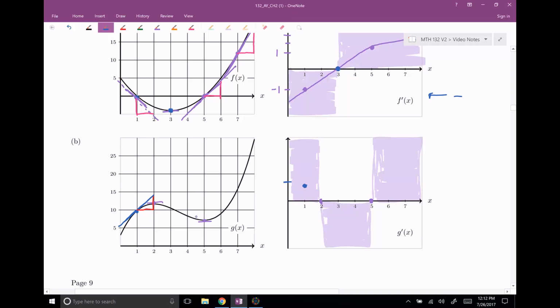Next up, somewhere between 2 and 5. All right, I'm going to go ahead and choose 3, but you could have chosen the x value 4. Doesn't really matter. This is just an approximation. So let's go ahead and draw the tangent line at this point. Something like this. Not my best tangent line ever, but all right. So we can see for a step over, we seem to go down.